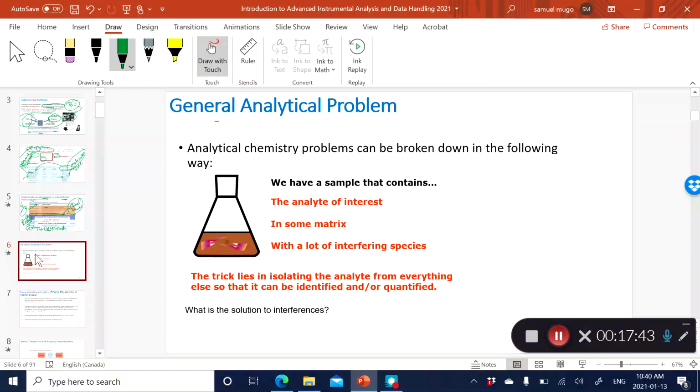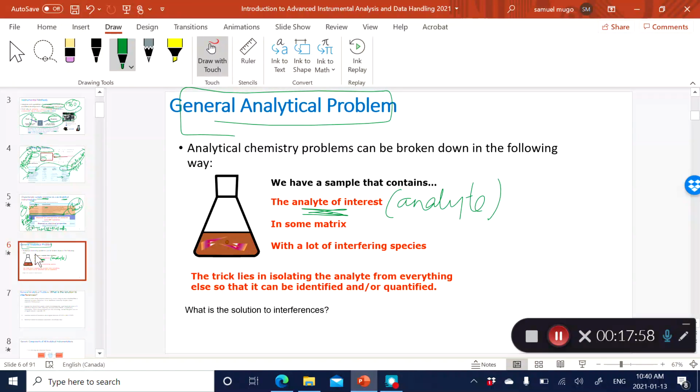And the problem lies in what you call the general analytical problem. Now, when you're analyzing a sample, often you're looking for the chemical species of interest. And again, that is what you referred to as the analyte. Other than the analyte, the sample contains other types of materials that you're not really interested in. And that is what you refer to as the matrices.